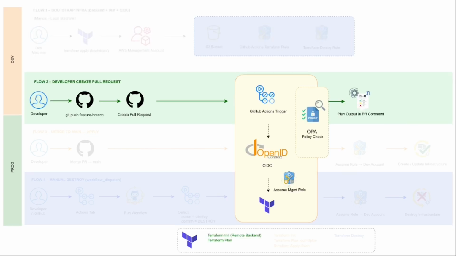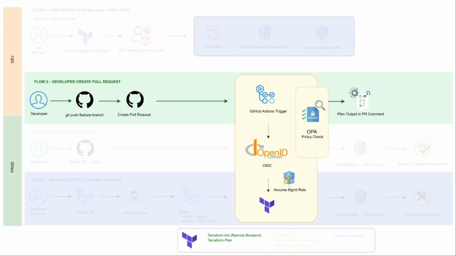Now we move to flow number 2, the validation phase. A developer pushes code to a feature branch and opens a pull request. This automatically triggers GitHub Actions. The pipeline authenticates to AWS using OIDC, runs terraform init, runs terraform plan, and executes OPA policy checks.